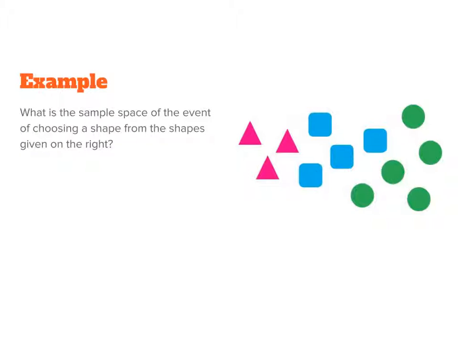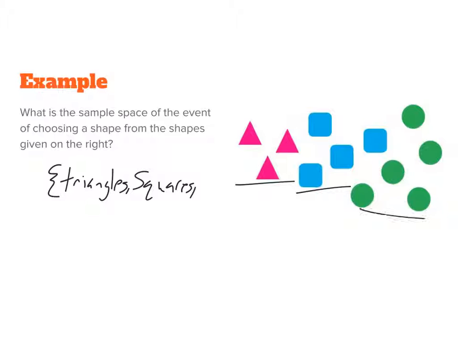Now, another picture that we've used already in this lesson, we want to know the sample space of choosing a shape. Okay, choosing a shape. So we look at the different shapes we've got. We've got triangles, we've got squares, and we've got circles.